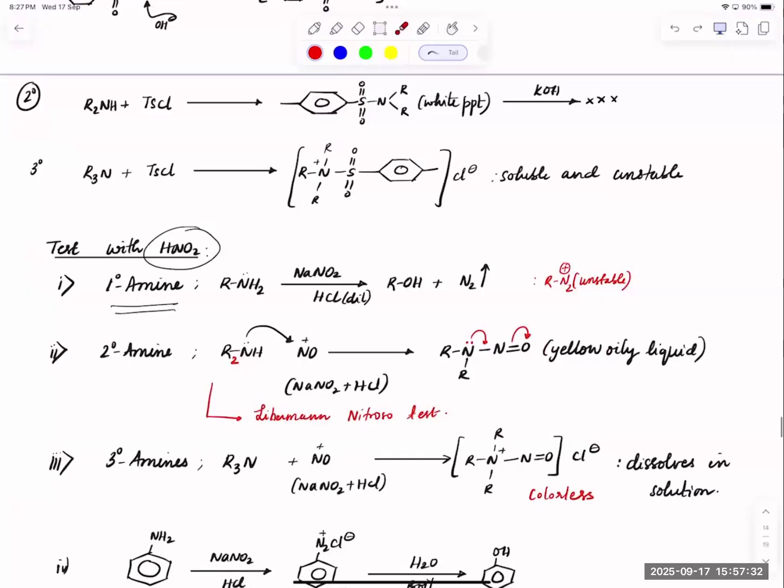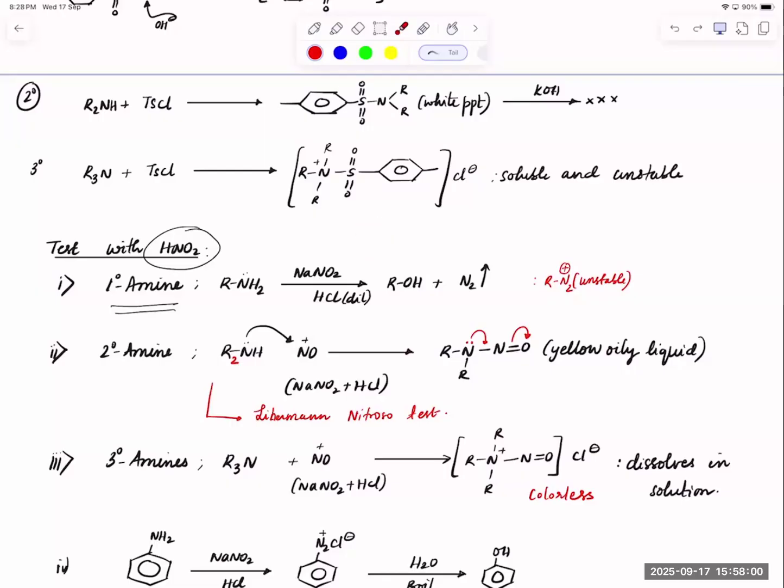Right. See the next test. The next test is about HNO2, nitrous acid. How nitrous acid will help us identify 1 degree, 2 degree and 3 degree amines. If it is a primary amine and reacts with NaNO2 and HCl, NaNO2 and HCl will give you NO plus.